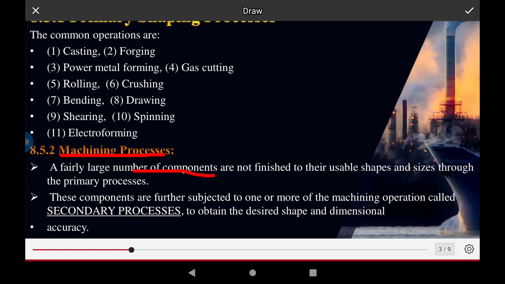These components are further subjected to one or more machining operations after the primary manufacturing process, the secondary process, to obtain the desired shape and dimensional accuracy.